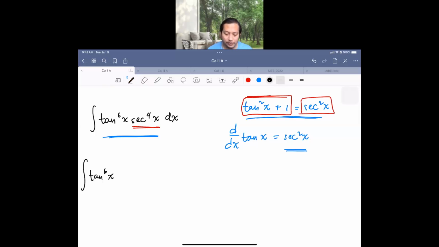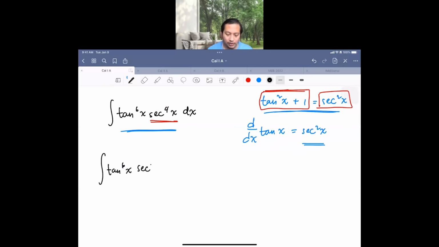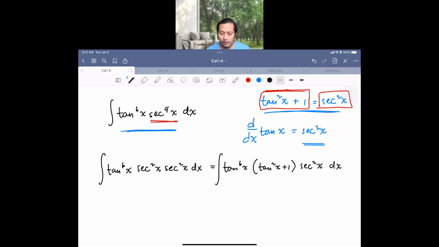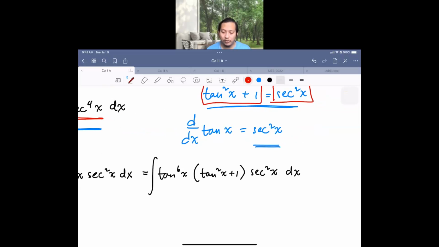Okay, so perhaps we are going to separate, becoming secant squared x dx, and then later on we could exchange one of them. Right? And because we know that the derivative of the tangent is the secant squared x, the secant squared x will be a target to cancel. So we are going to cancel the secant squared x.